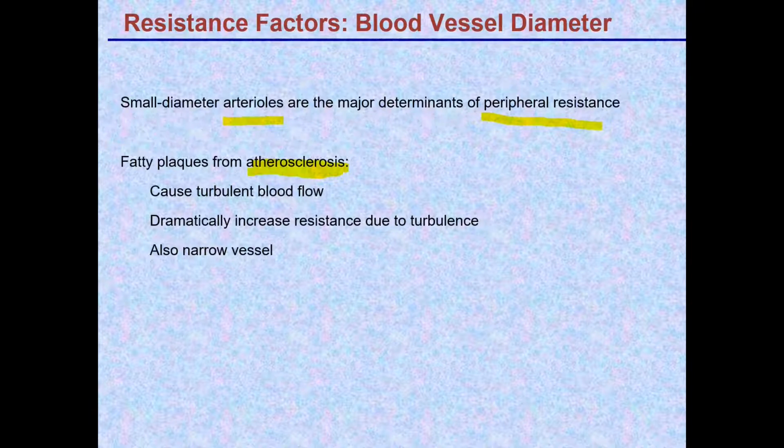These cause turbulent blood flow, so that when you have a blood vessel, normally what you have is laminar flow of the blood through the vessel.